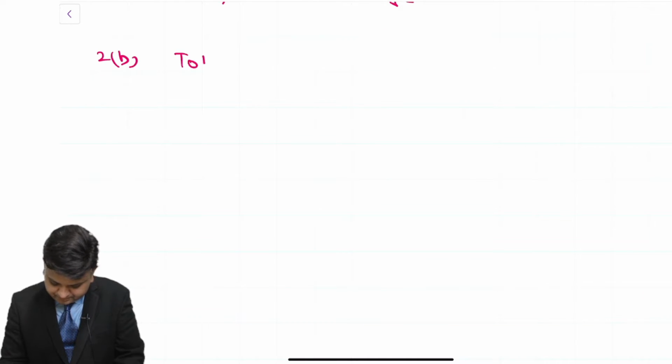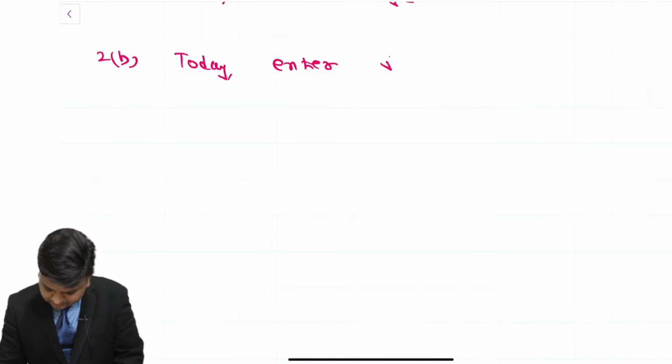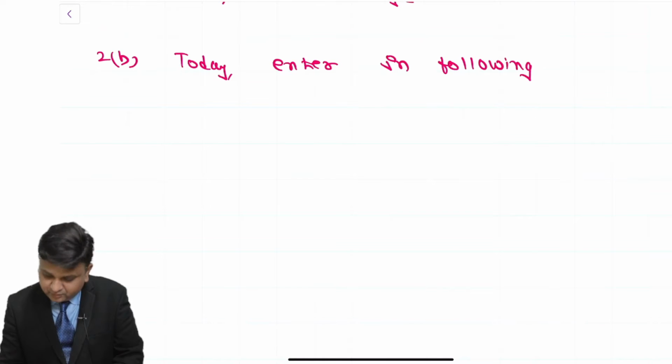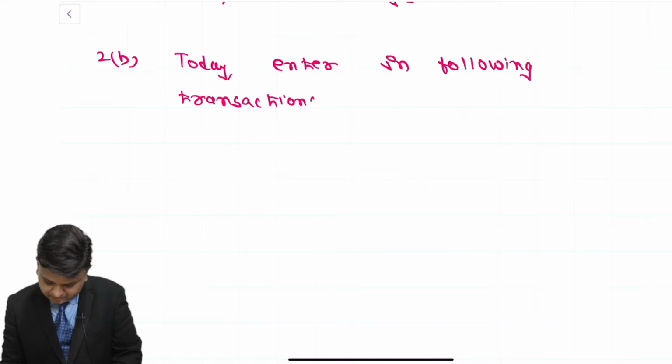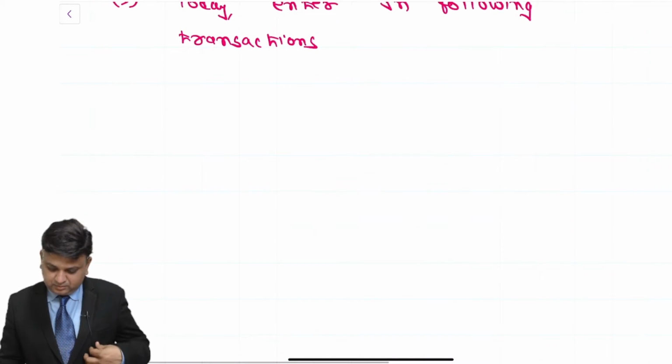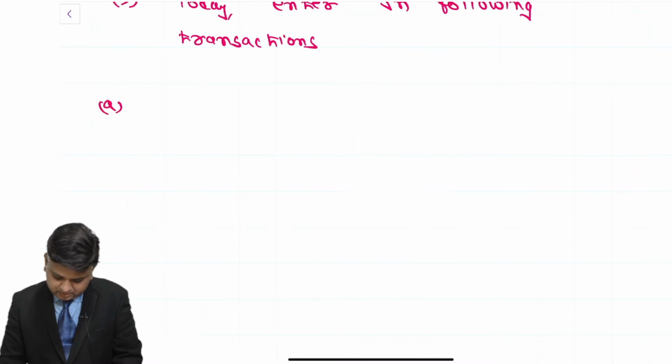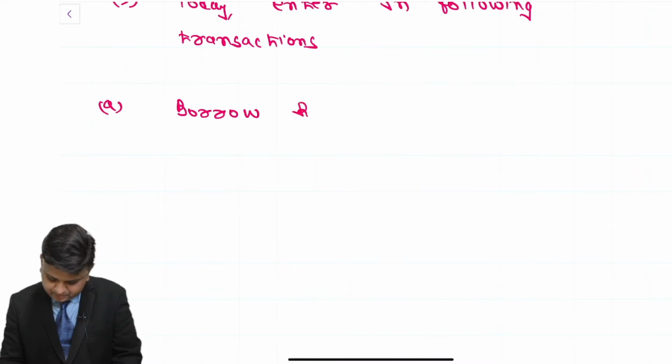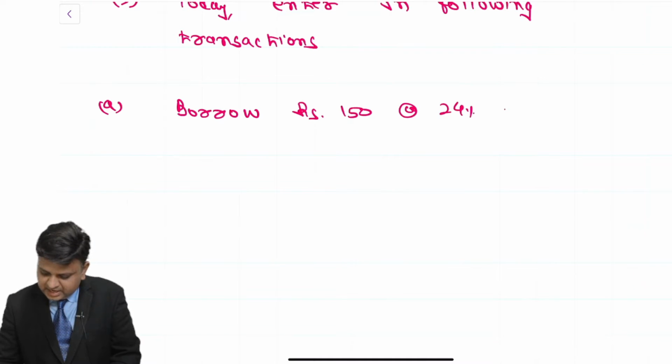Today enter into the following transactions. In that write down A, borrow rupees 150 at 24% for 1 year.